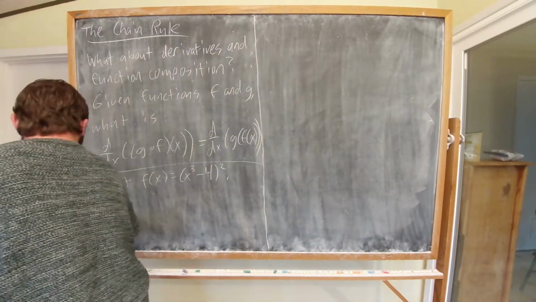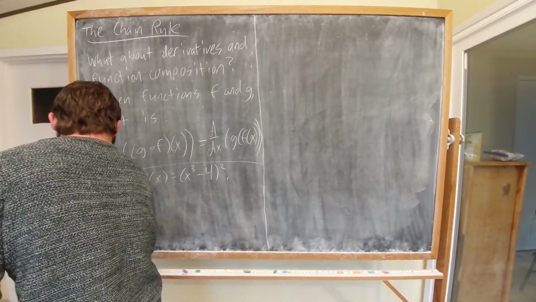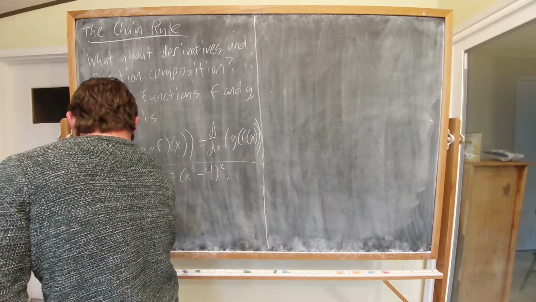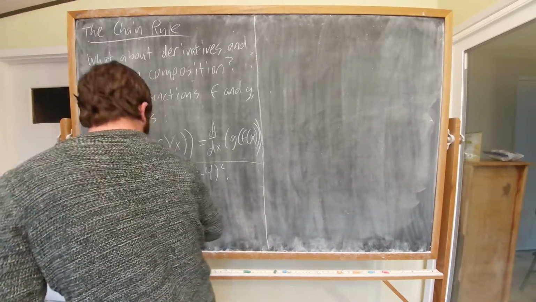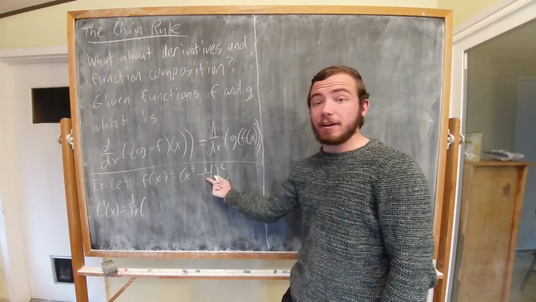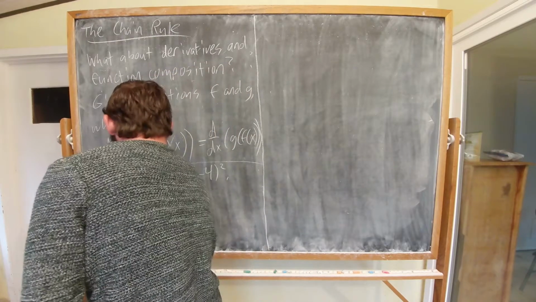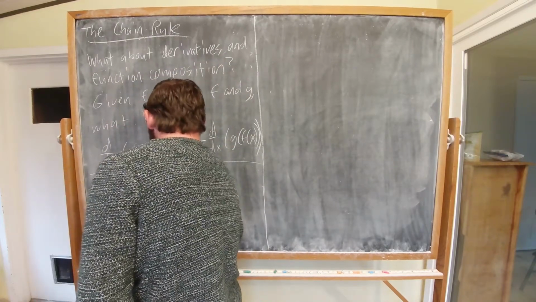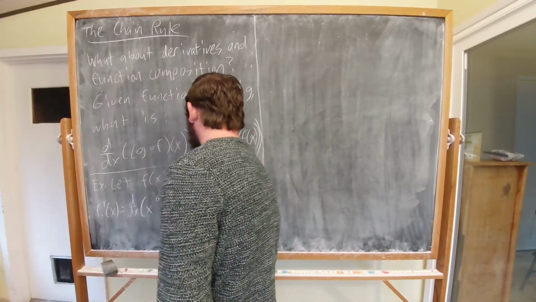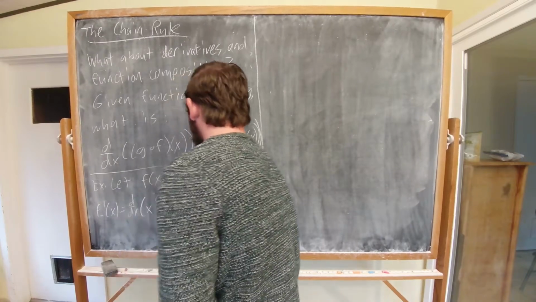So let's try it. f prime of x is d dx of, okay, actually squaring this gives us x to the 6th minus 8x cubed plus 16.